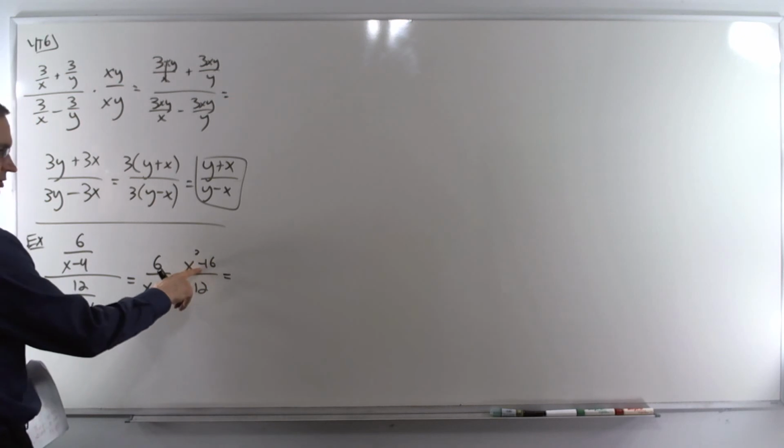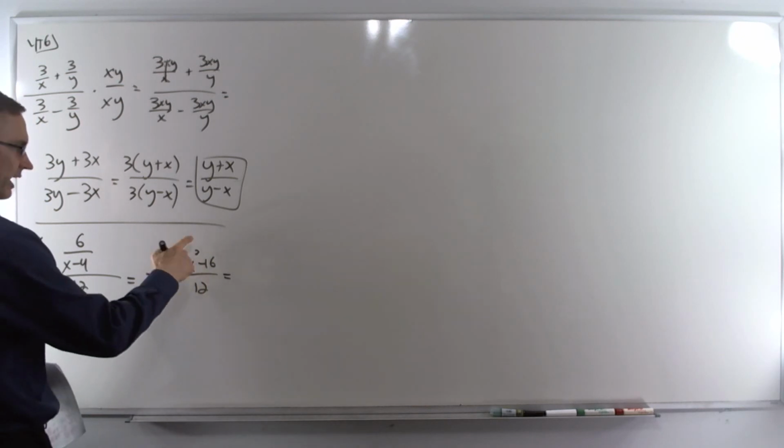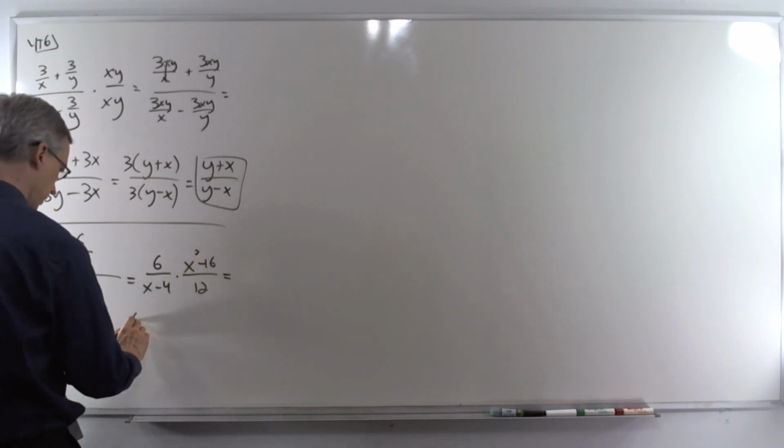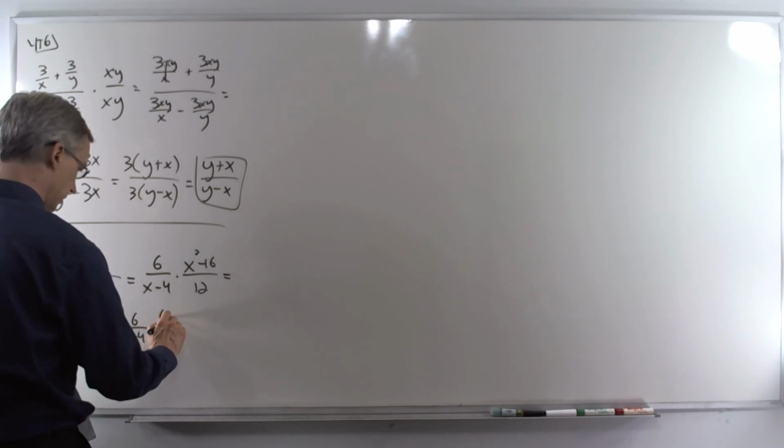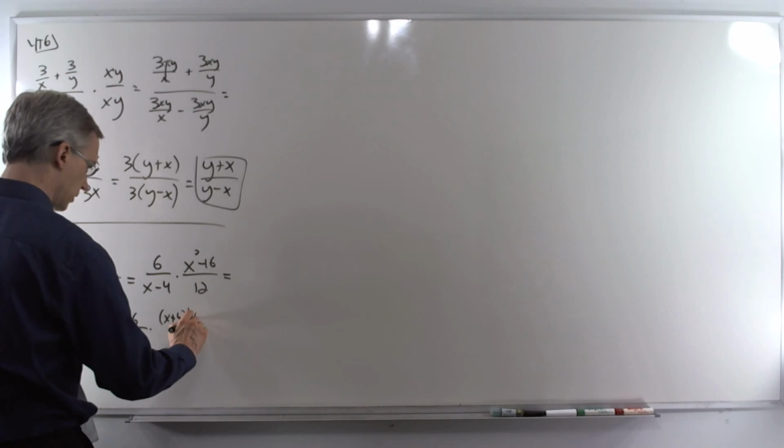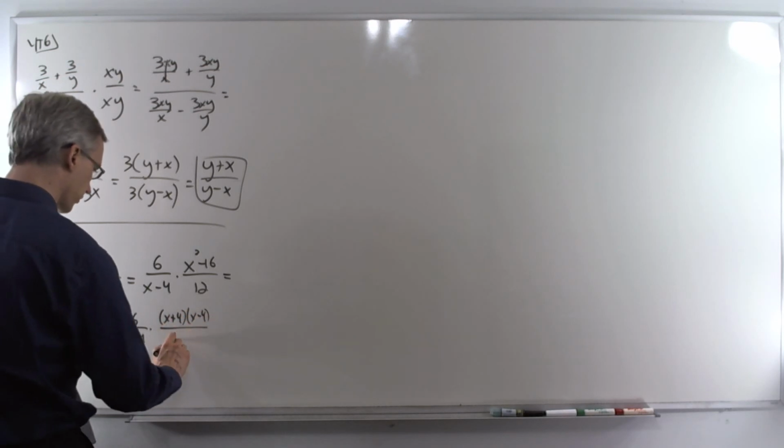Here we have difference of squares, so this will factor into x plus 4, x minus 4. We got 6 over x minus 4 times x plus 4, x minus 4 over 12.